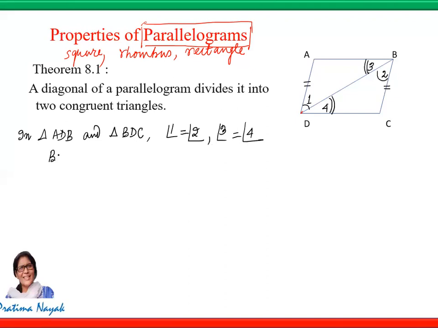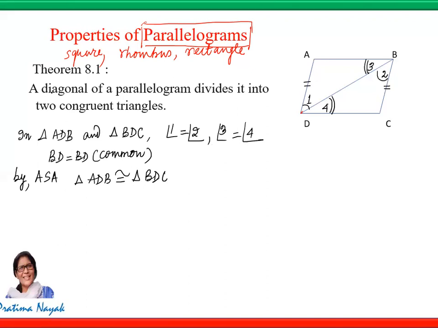BD is equal to BD, common side. So which congruency? ASA. So by ASA, triangle ADB is congruent to triangle BDC.